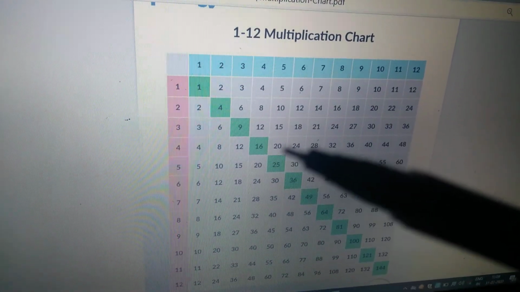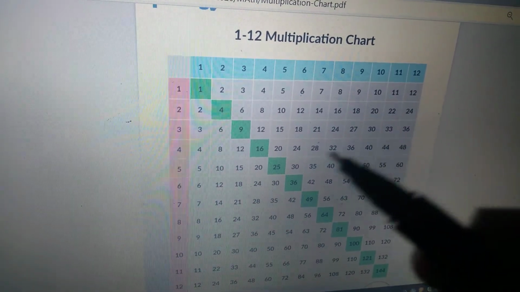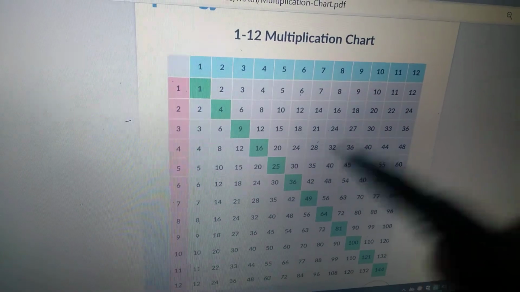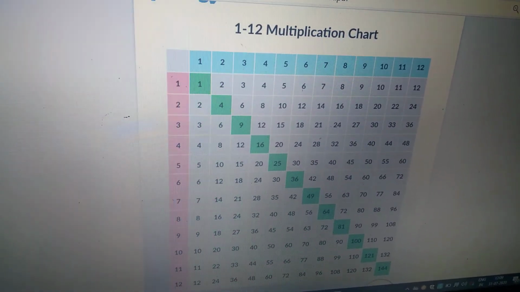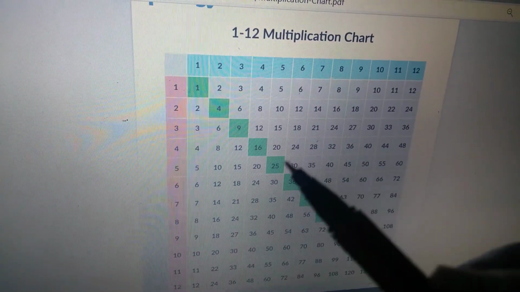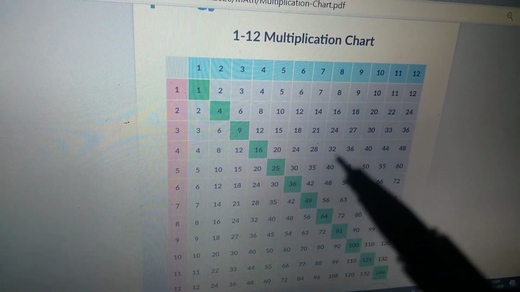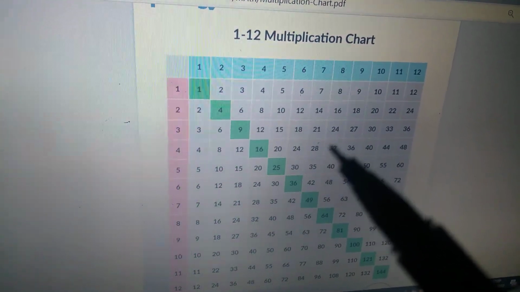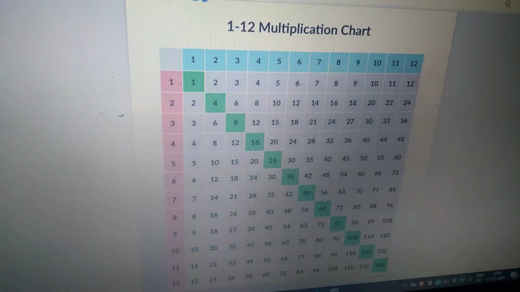But I know 4 times 5 is 20. For 6, I would have added 4 more. For 7, what I do is I add 8 more because it is 2 numbers away. Correct? So, what I do is 4 times 5 is 20, plus 4, 24, plus 4, 28. So, 4 times 7 is 28.